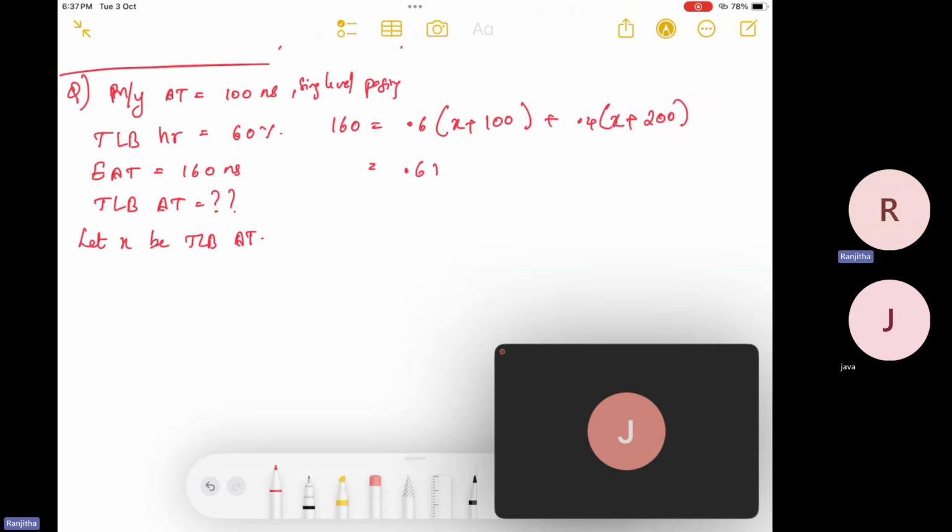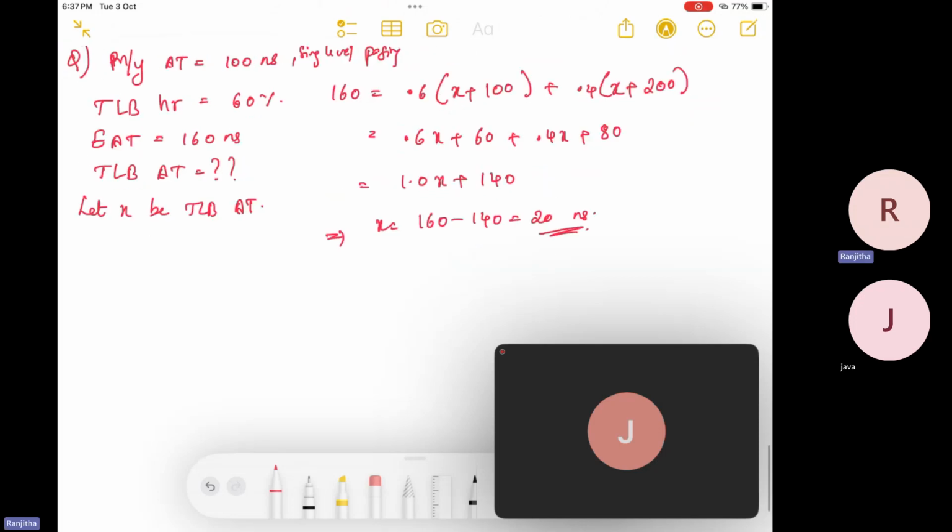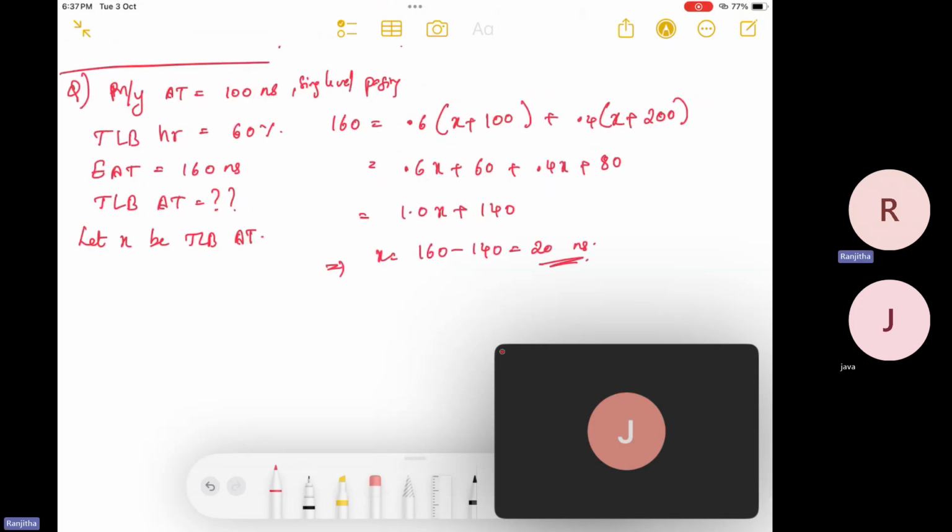So 0.6X plus 60 plus 0.4X plus 80. So 1.0X plus 140, which implies X is equal to 160 minus 140, which is equal to 20 nanoseconds. Okay, so the TLB access time is found to be 20 nanoseconds.